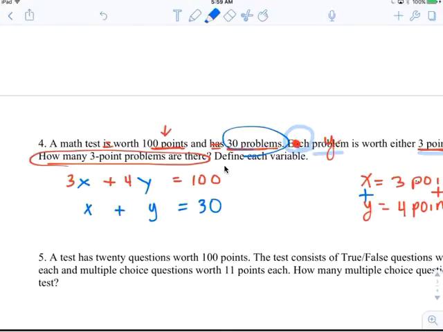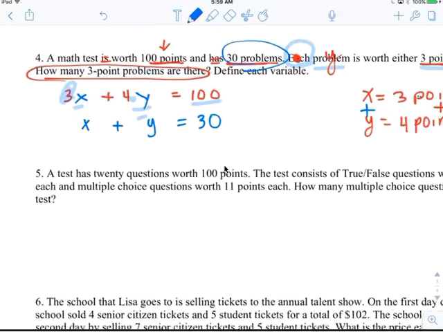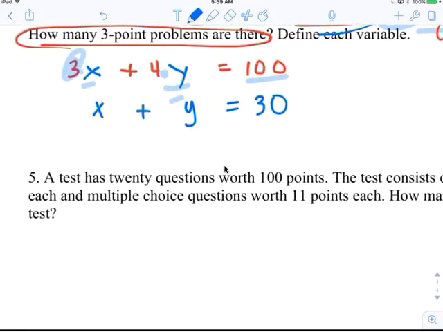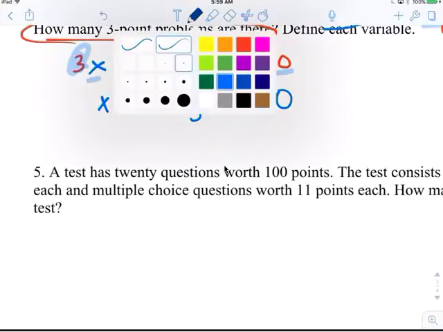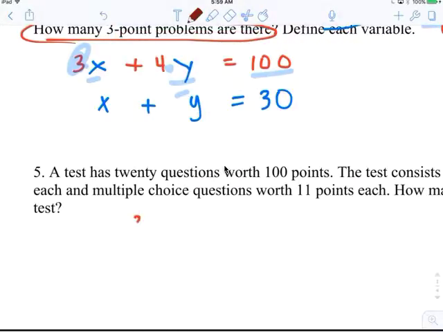In this one, 3 points times the number of problems worth 3 points, plus 4 points times the number worth 4 points, add up to 100. And obviously you're going to use elimination here. So I'm going to go over this elimination problem with you: 3x plus 4y equals 100, and x plus y equals 30.